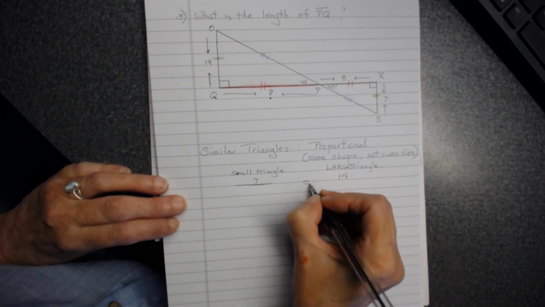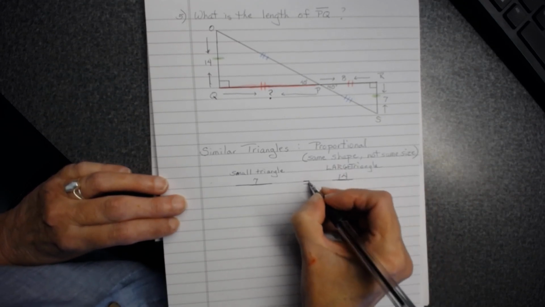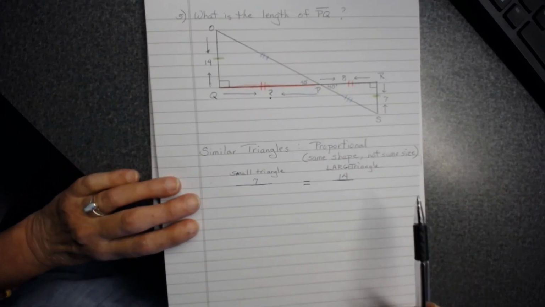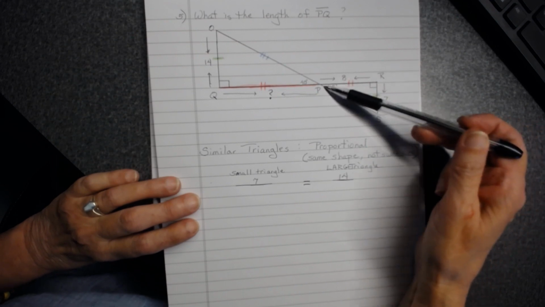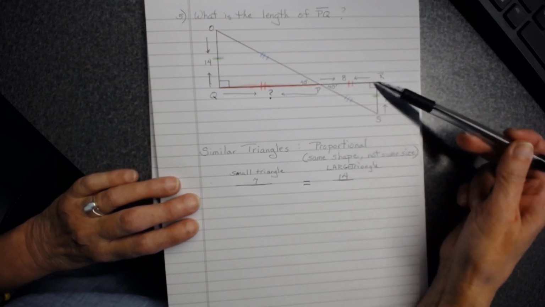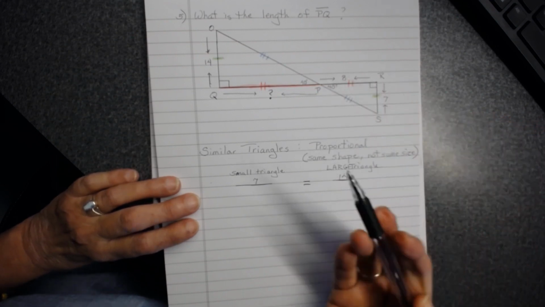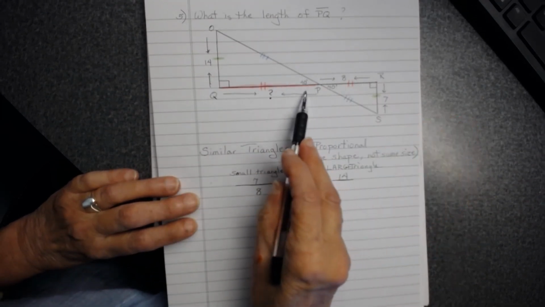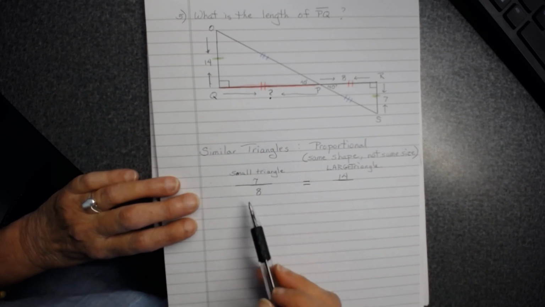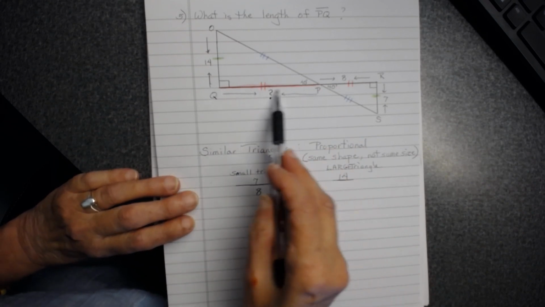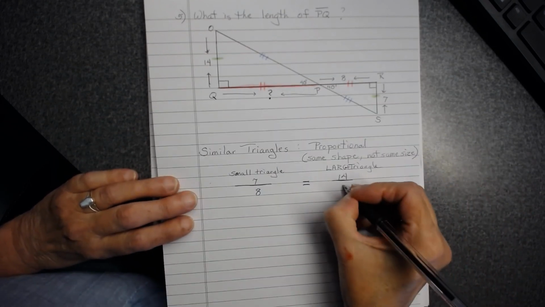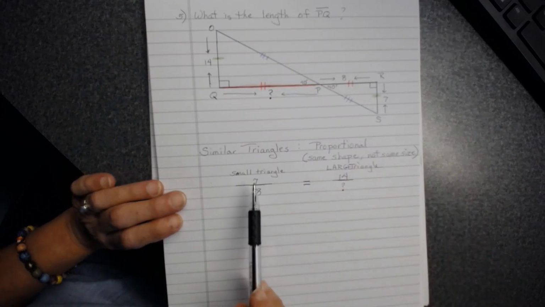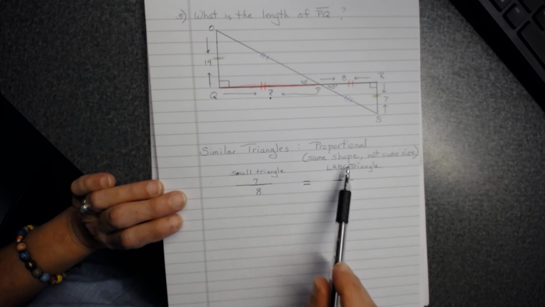Let's put an equal sign here between these, okay? Now, the small triangle here for this side is 8. But we don't know its comparable side here, so we will put a question mark right there. So small, large.